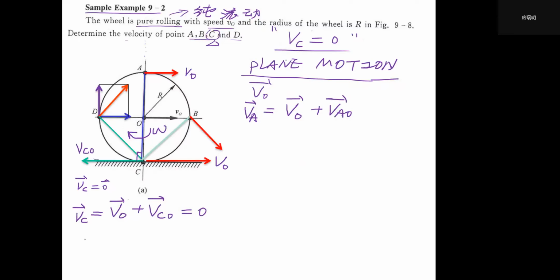Because VCO should equal omega times the length between O and C, that is R, right? Omega R should equal V0. So omega equals V0 over R, right? And we also find its direction should be along CW. So that is very important. After we finish this analysis, we get that omega has magnitude V0 over R.